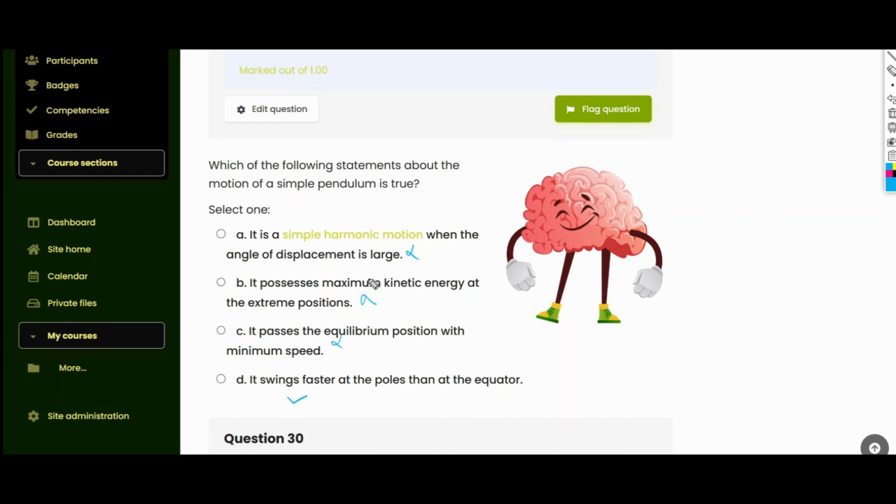So definitely the answer is this, because the gravitational acceleration is greater at the poles, so it is going to swing faster.